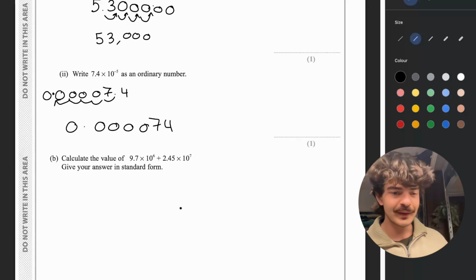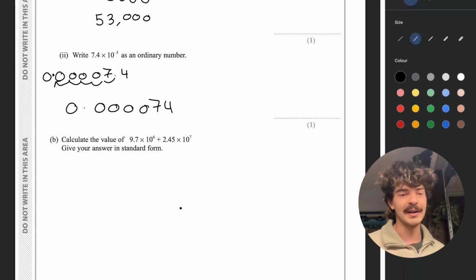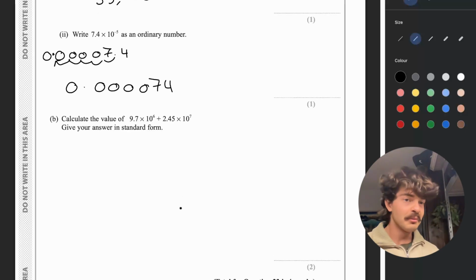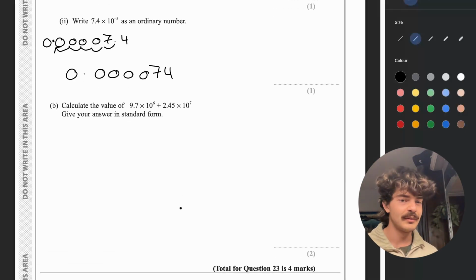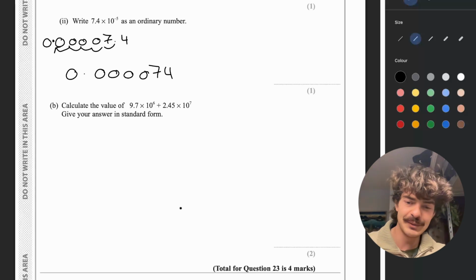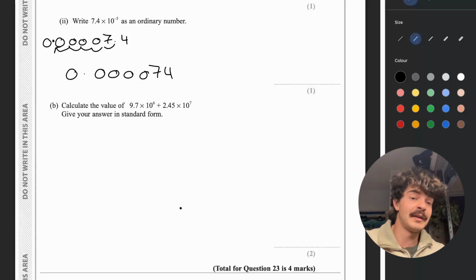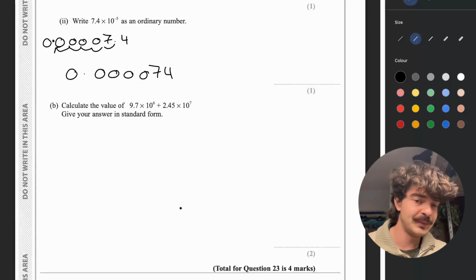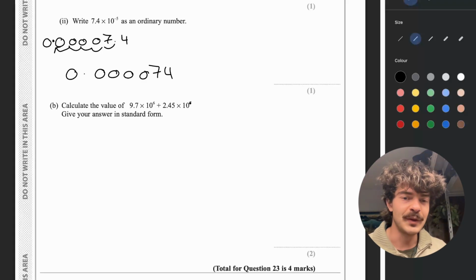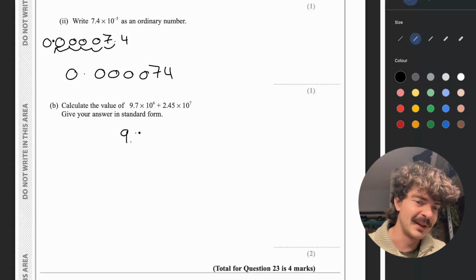Now we've got this thing. Oh, this is particularly weird. Once again, it's a calculator paper. I don't see any harm in just typing this into your calculator and seeing what it gives you. But say you didn't have a calculator and you wanted to think about how you'd approach this. Well, you could say that this is kind of like 9.7 plus 9.45 times 10.